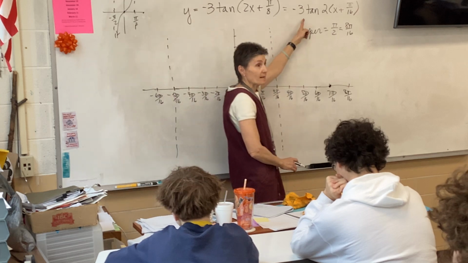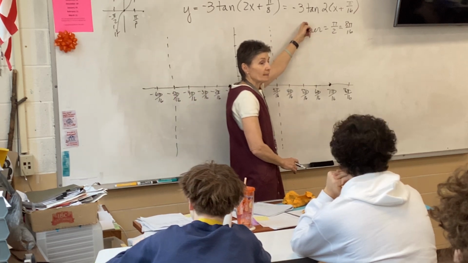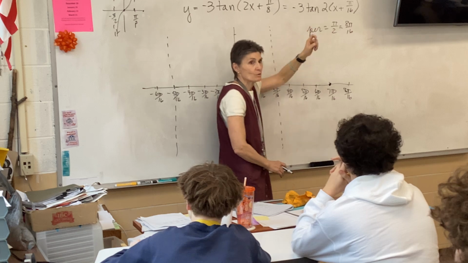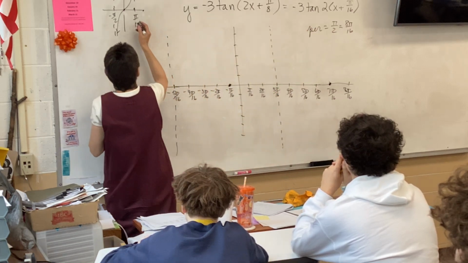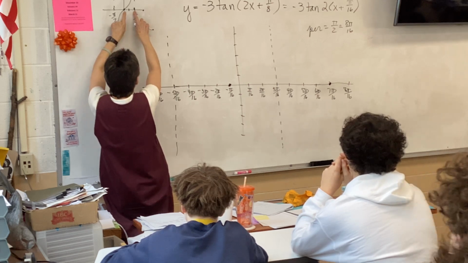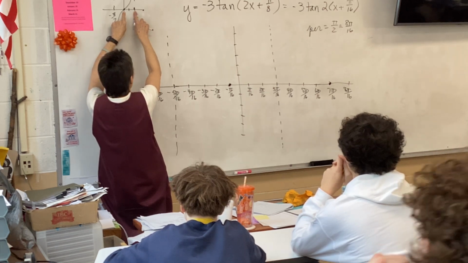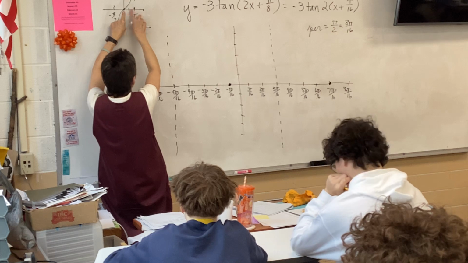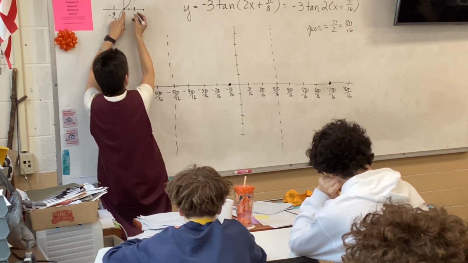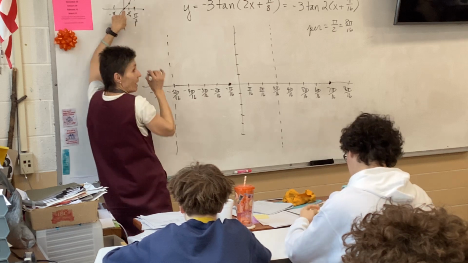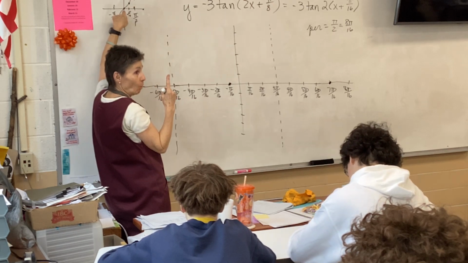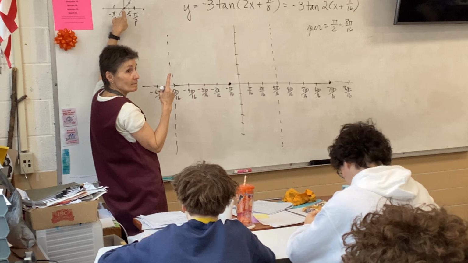This is another upside down one, and it has a number out in front. So do you remember what that number does? In a regular tangent, halfway in between, look where my fingers are, halfway in between the dot and the asymptote, which in a normal picture would be pi over 4, the point is up 1, right?